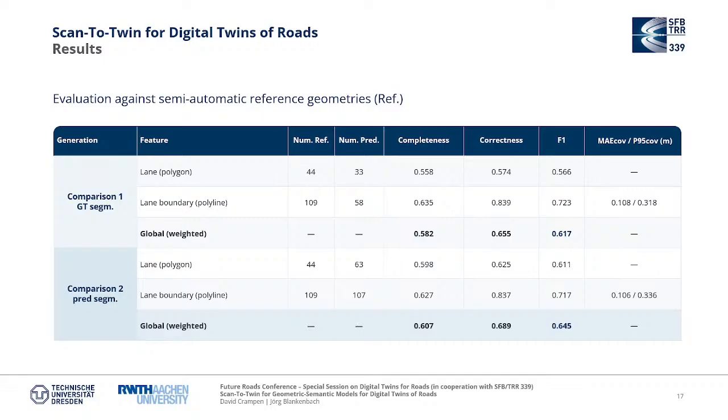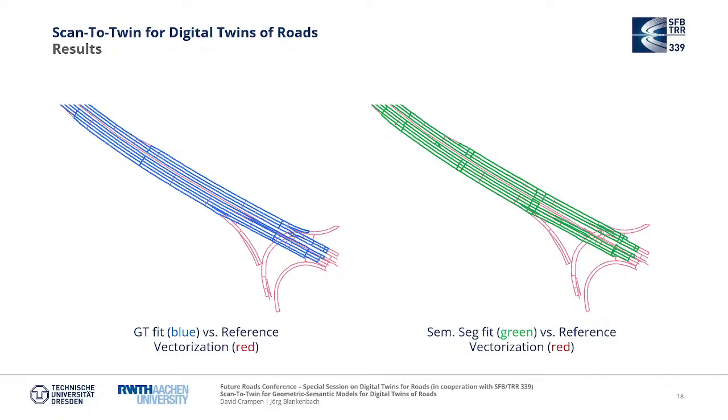Looking at the results, the primary issues are linked to ramp areas, right? If we have highway intersections, they cause a lot of the incompleteness in the vectorization step. Otherwise, the ground truth versus semantic segmentation fit matches relatively well.